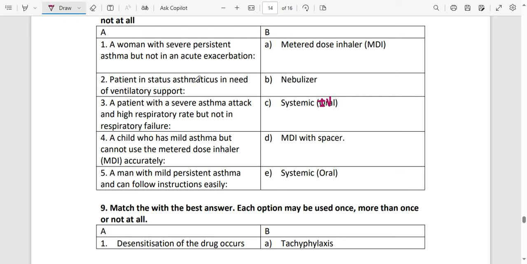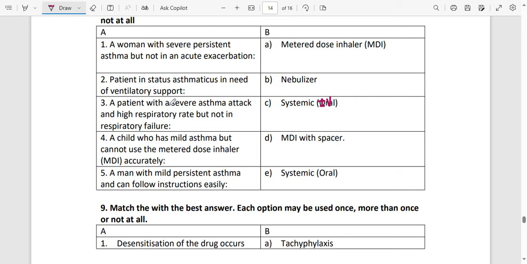So, by what method do you think we can give them the antiasthmatic drug? You don't even have time to start giving them a nebulizer because they'll not even use it. You need to put the drug in the veins. So that will be IV. Are we okay there?